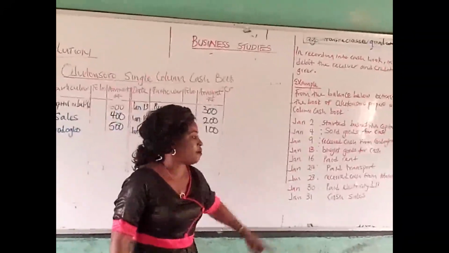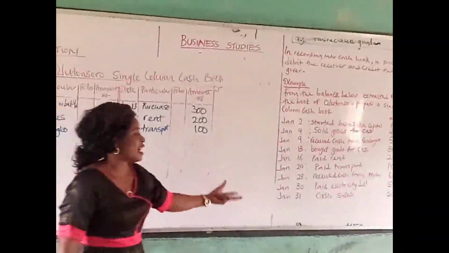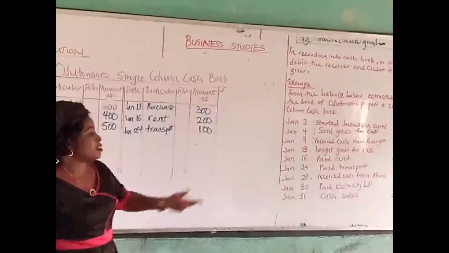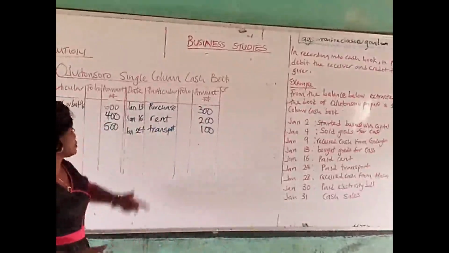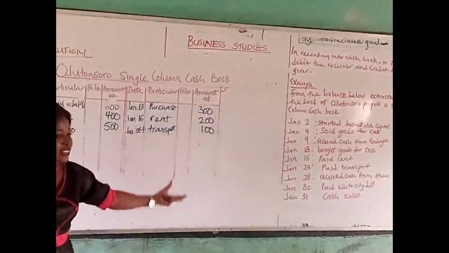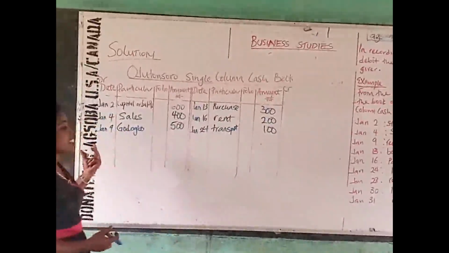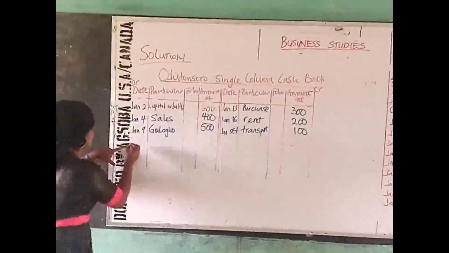Then January 28. Receive cash from Alaran. Why are you laughing again? You receive cash from Alaran. Alaran is one of your customers that you receive the money from. So, can you now tell me, am I putting it in debit side or credit side? Good of you. I can hear you. You are recording it in your debit because you received the money.